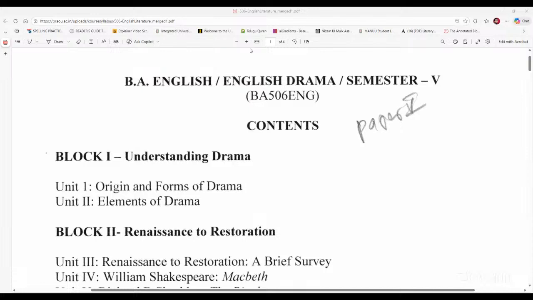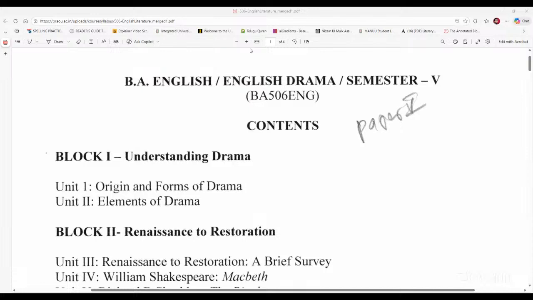In modern times, especially from Shakespeare onwards, there are different forms that have come up. The earliest known form of drama was a tragedy, right, which could be seen in Greek as well as Roman traditions, that continued in English tradition also.